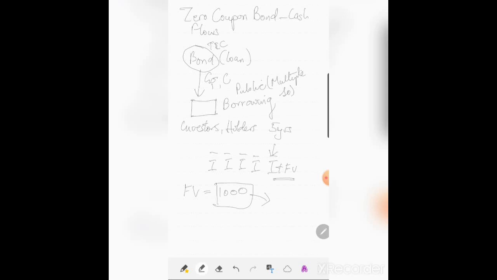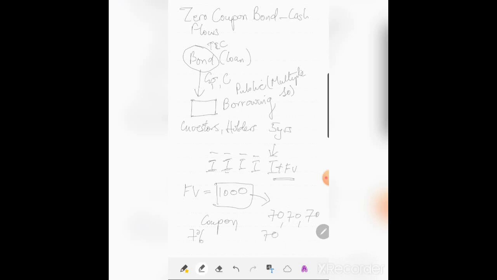So the face value is the notional value of that bond, and if there is an interest at each period, this interest is called a coupon. If I say the coupon is 7%, it means 7% of this face value, which is 70, is received every year.